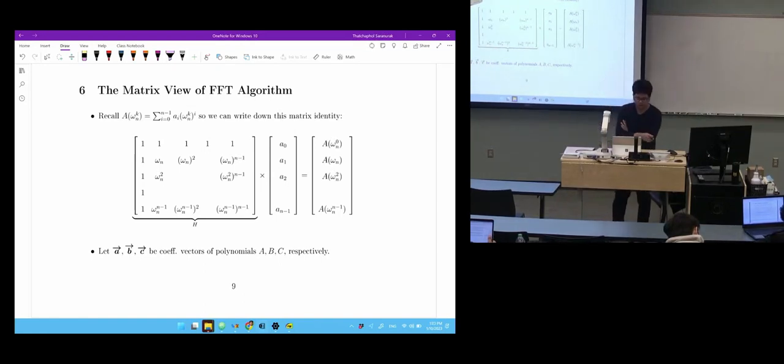I want to view what we have done as a matrix operation. Just from the definition, evaluating A at this point is just this sum.